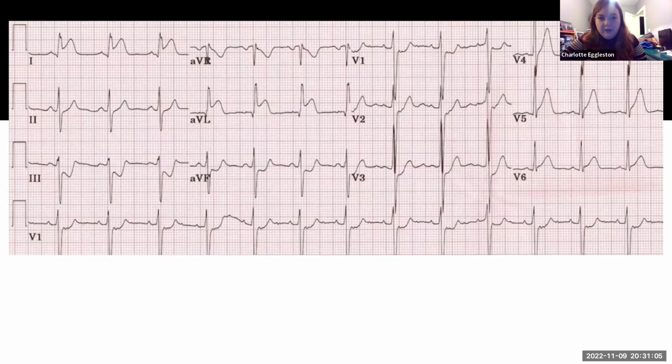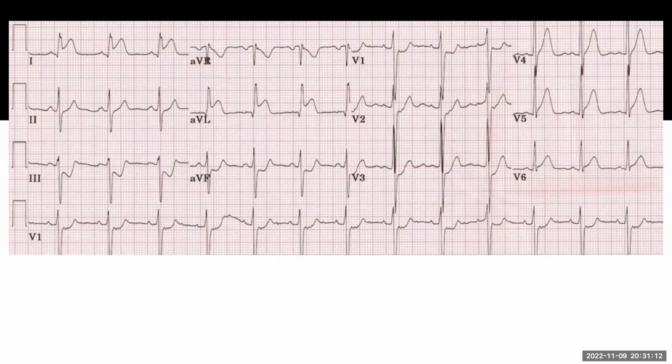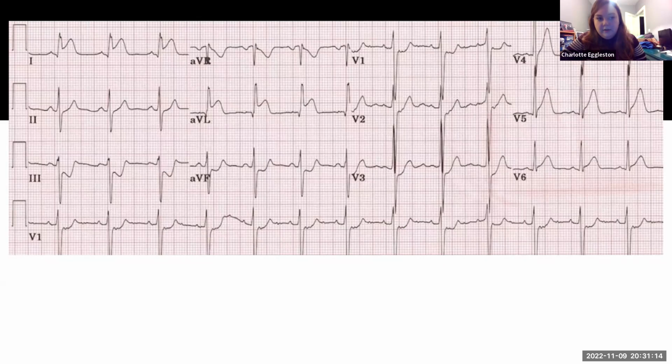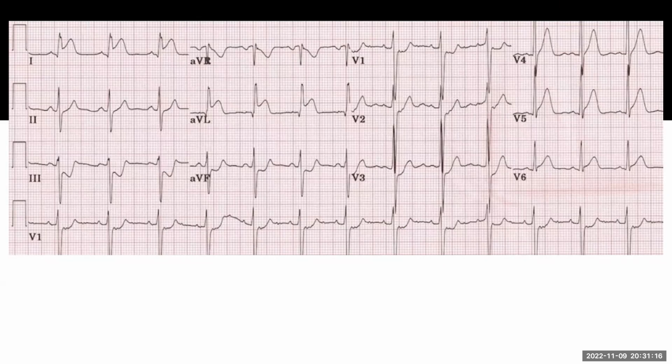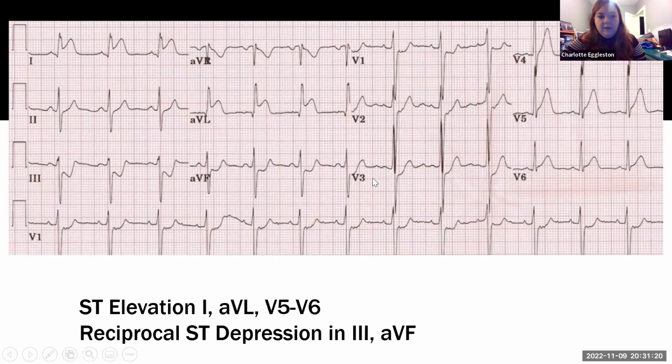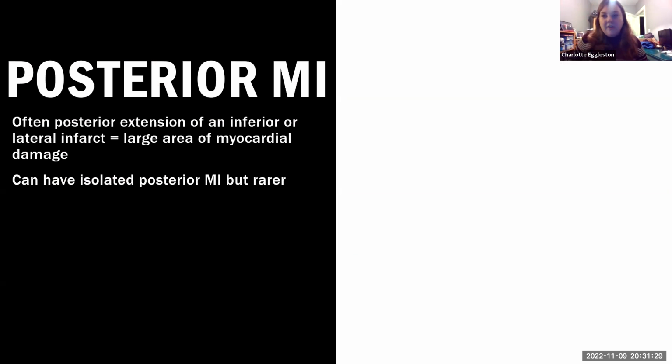Yeah, I would agree with you. Any other changes we can see? And AVL, I think there is AVL, yeah. This is 1, AVL, V5, V6, the lateral wall. Yeah, lovely. And then we've got the reciprocal changes again, so you can see that ST depression in 3 and AVF. Good, you guys are on this.